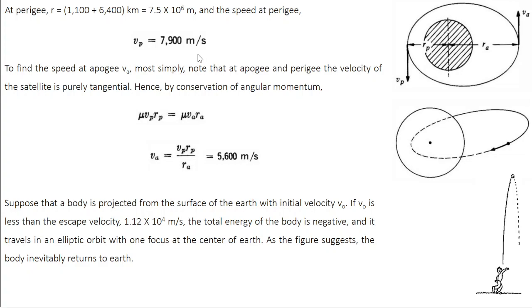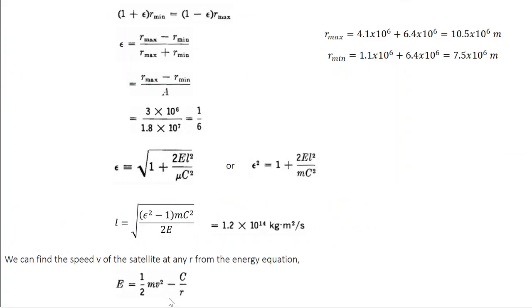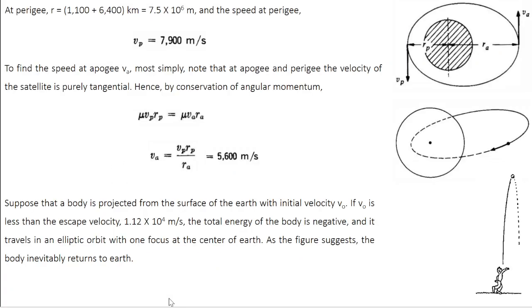Same way you can calculate the velocity at apogee, and here the distance, call it Ra, is going to be 4100 plus 6400, which is 10,500 kilometers. Once again substituting in this equation, you get the velocity at apogee Va as 5600 meters per second.